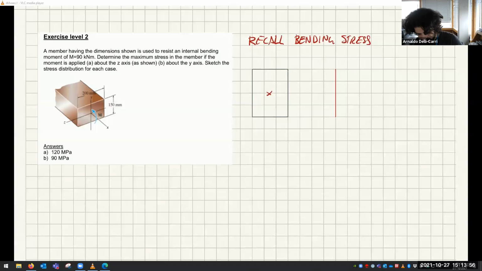So this is the centroid. So at the centroidal line, we have no stress. And then it increases or decreases based on the distance from the neutral axis. So it's a linear function. So it's the equation of a straight line.